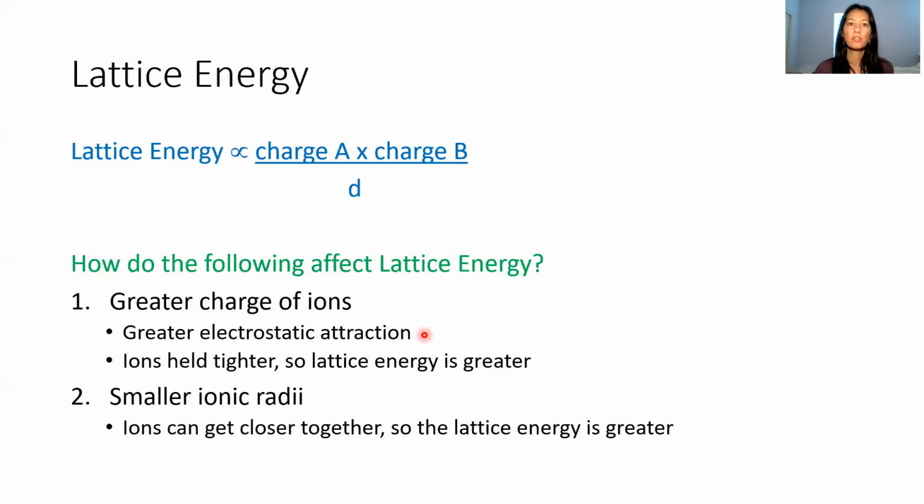Those charges have a stronger magnitude. So what happens is that lattice energy is greater. It's harder to break them apart. That's why some ionic compounds don't dissolve in water. The ion solvation energies released aren't even enough to counteract the breaking apart of some of these really strong lattice energies.